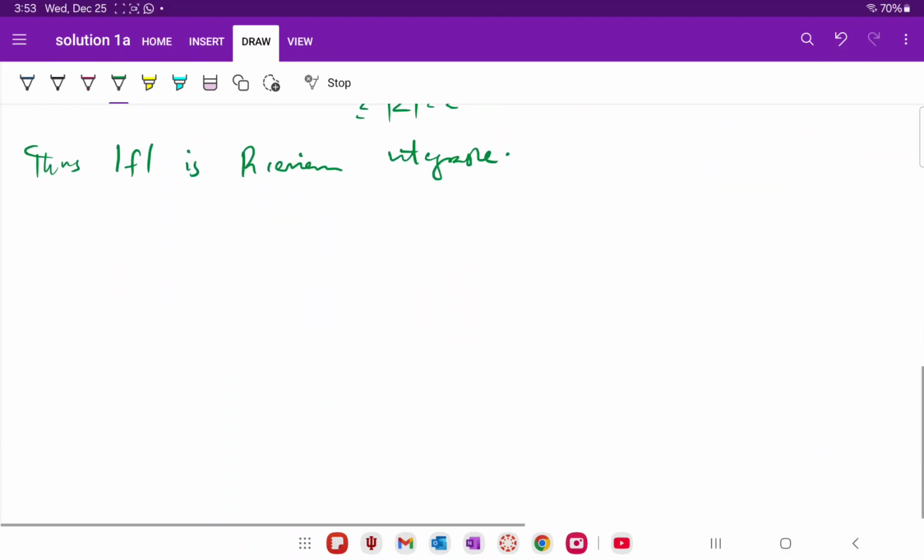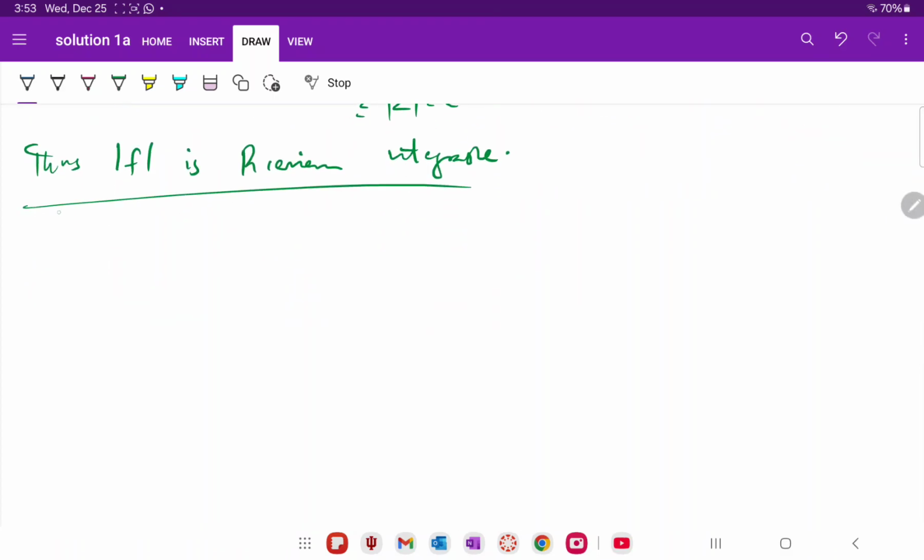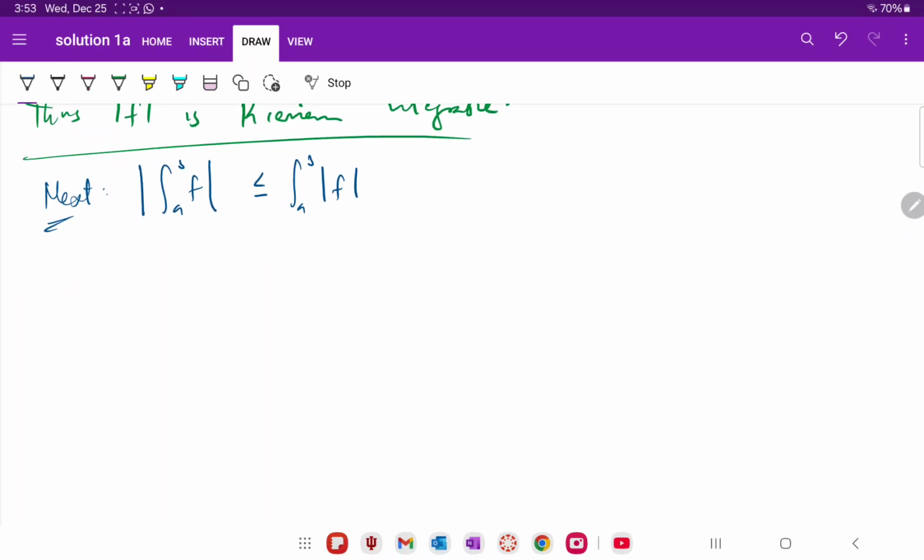So next, I want to show that the modulus of the integral of f is less than the integral of the modulus of f. So here we can just use Riemann sums.